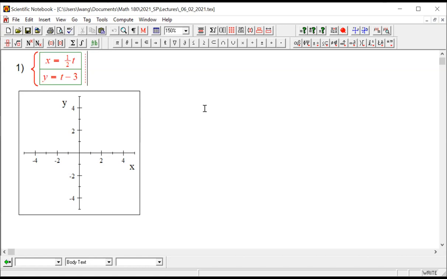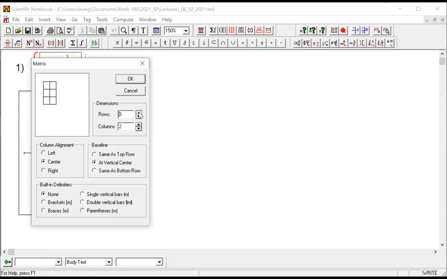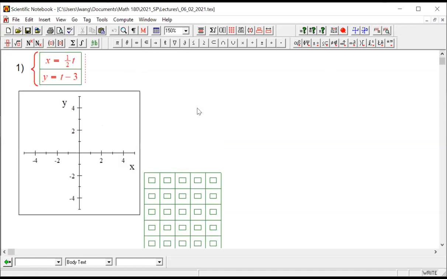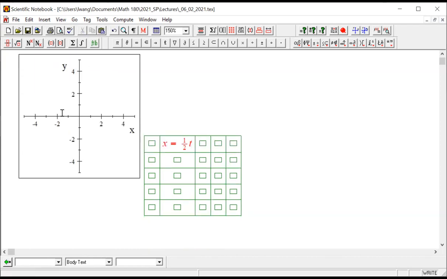Okay, let's get started. So we're gonna set up a system. Let me give it a couple of columns, to make sure we have enough time and space. And typically we will plot x and we will plot y.